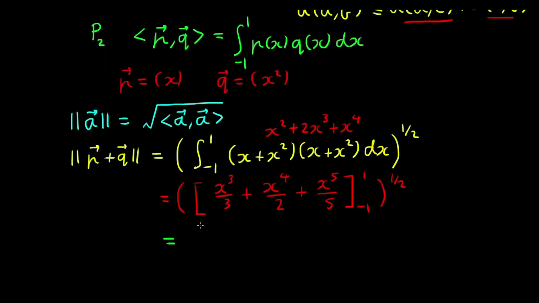So what we'd get is 1/3 plus a half plus a fifth minus a third minus a half minus a fifth.